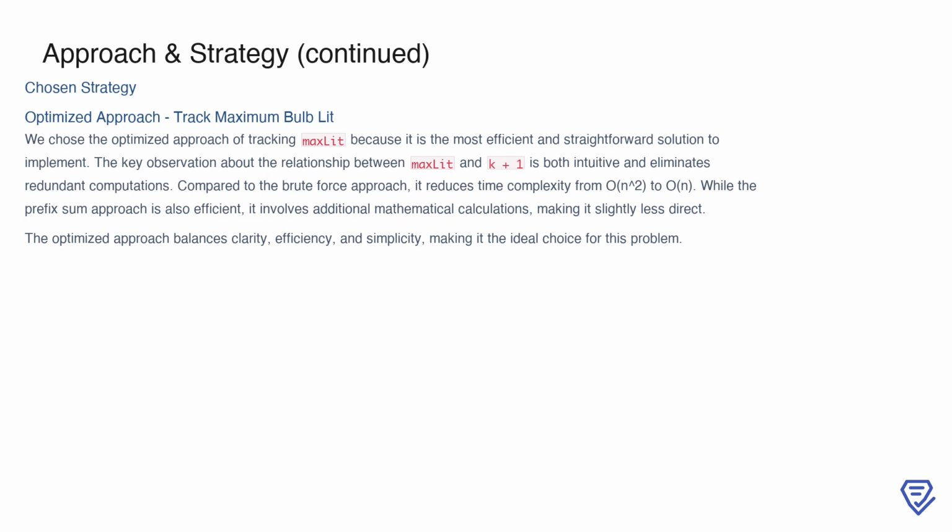Compared to the brute force approach, the optimized method reduces the time complexity from n squared to n, making it scalable for larger inputs. While the prefix sum method also achieves n time complexity, it involves additional mathematical calculations that make the implementation slightly more complex. Ultimately, the maxlit approach strikes the perfect balance between clarity, elegance, and performance, making it the ideal choice for this problem.